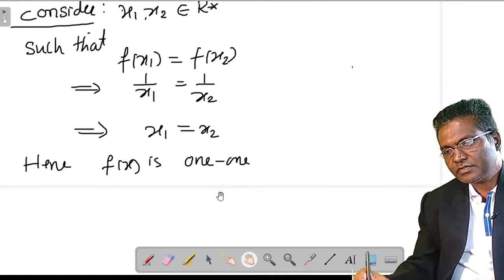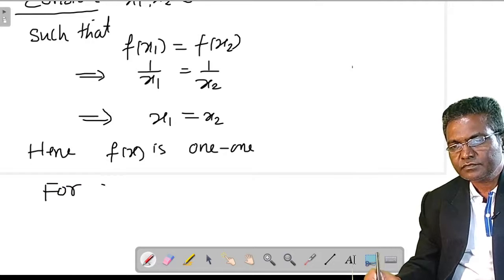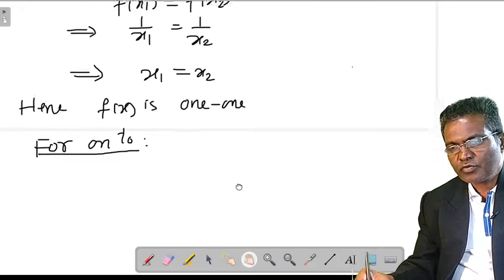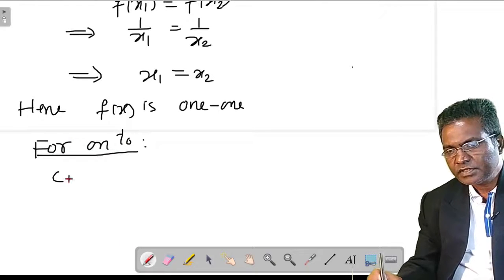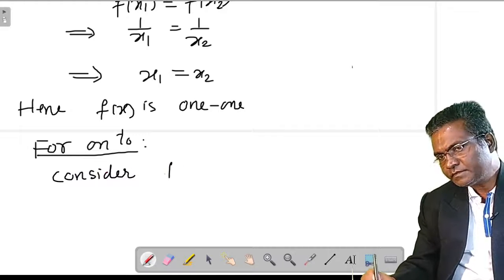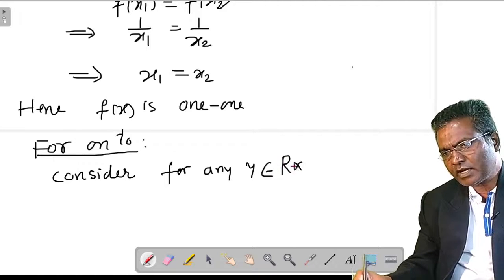Okay, so now for onto. Consider any y belonging to the codomain, which is also R star.